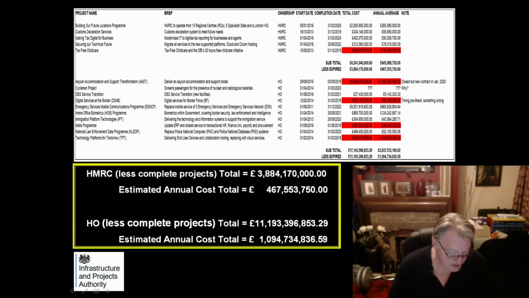So Cyclamen project, is that a justified one? Well, justified in terms of why they've not disclosed. I suppose it could be, because how many people these days are going round, you know, detecting if somebody's got nuclear or radiological materials on them?